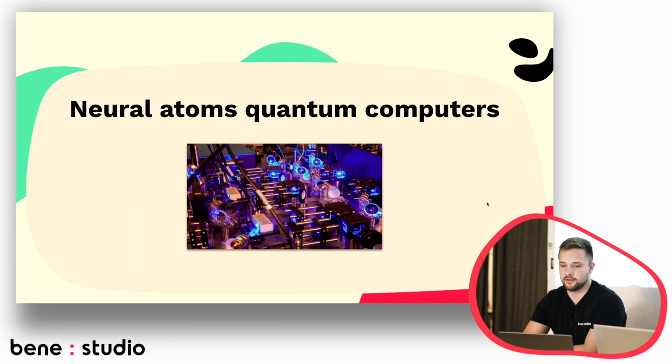And the third most widely used quantum computer is the neutral atoms quantum computer. These are based on neutral atoms. It involves atoms suspended in an ultra-high vacuum by arrays of tightly focused laser beams called optical tweezers.